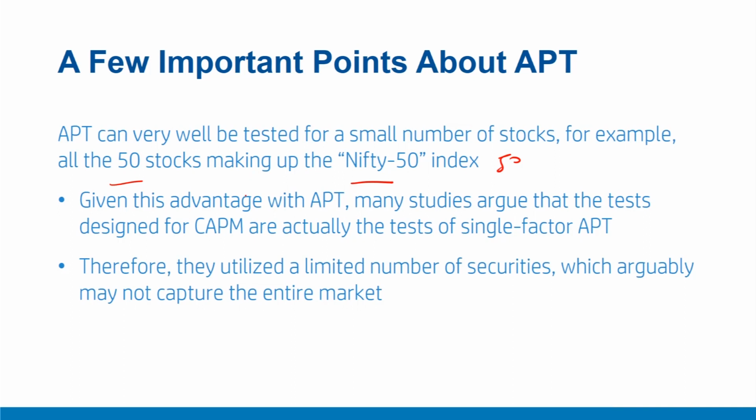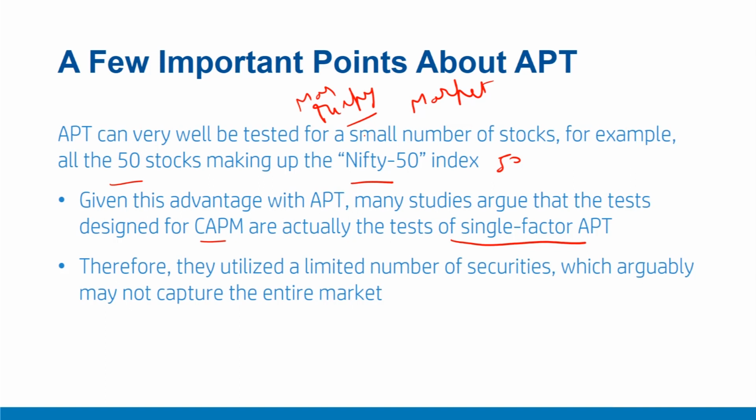Given this advantage, many studies and research papers argue that erstwhile tests of CAPM are nothing but tests of single factor APT, where that single factor is the market factor, because one can always question the validity of the market portfolio, which is a set of all the risky assets in a given set of securities.